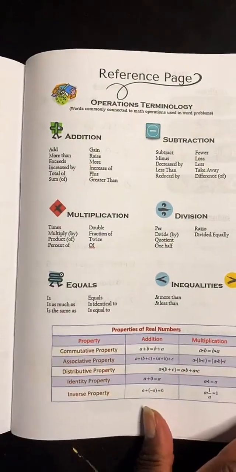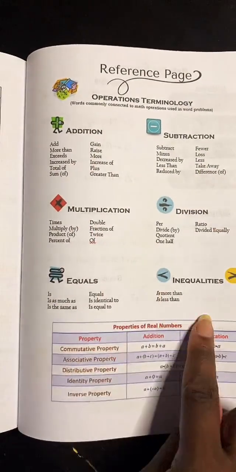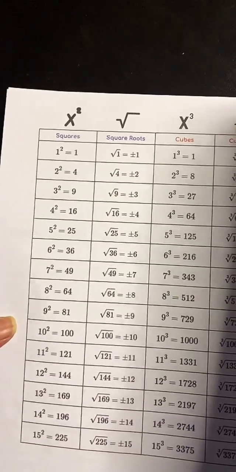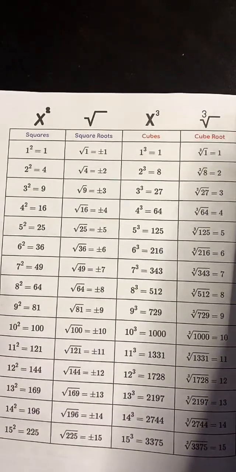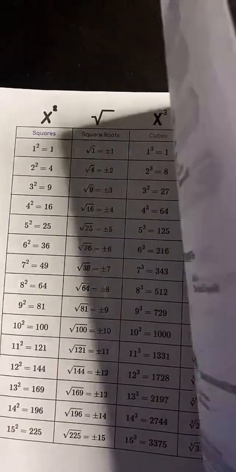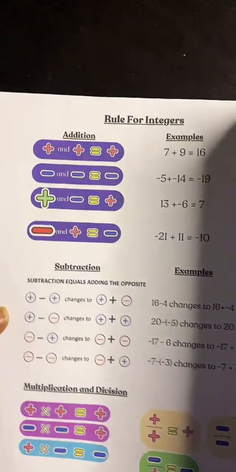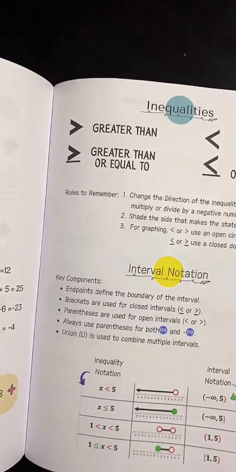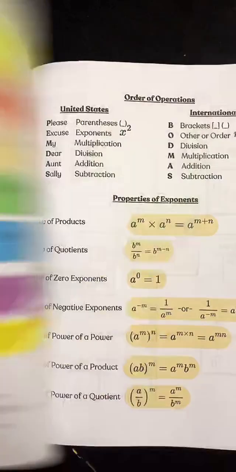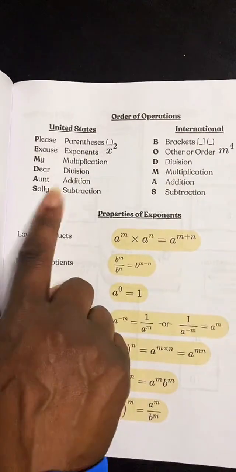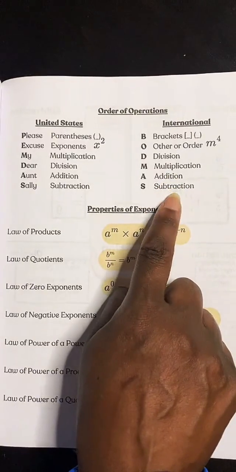You have your reference sheets of what words and what operation is associated with it. You have your list of squares and square roots, as well as cubes and cube roots. Someone was mentioning the difference of cubes, and this could be helpful for you. Then we have our rules of integers. We have our inequalities and interval notation, as well as order of operations. We were talking about that in the US and also internationally.